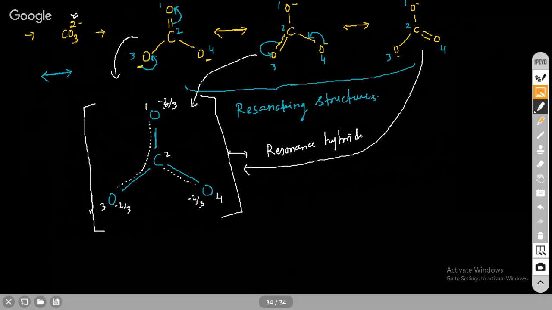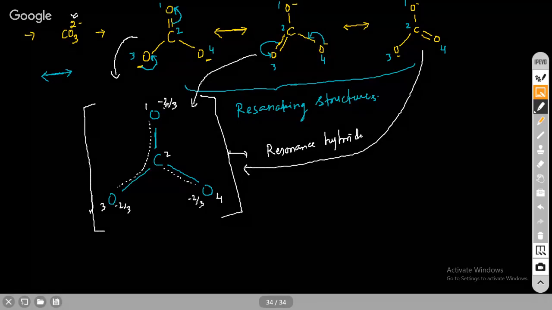See, the reason for the charge minus 2 by 3 is what? We have minus 2 total charge, right? But in all these structures, what happens? This pi electron is delocalizing over the entire molecule. You see, in the first structure we have a double bond between first and second. In the second structure, a double bond between second and third. And in the third one, second and fourth. So this means all these bonds will have double bond character in each of these structures, right? It means this pi bond is distributed over the entire molecule.